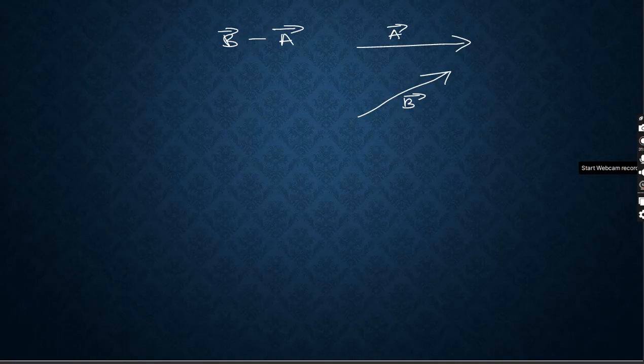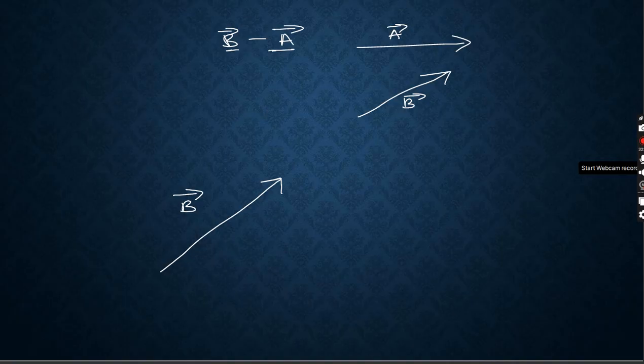So how are we going to find B minus A? Since we are starting with B here, we draw B the way it is. What else are we going to do? We are going to find negative A. You know that A is moving in this direction.